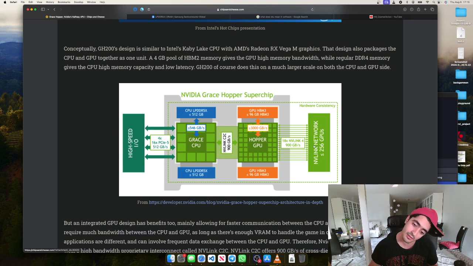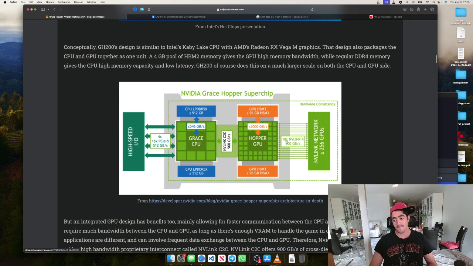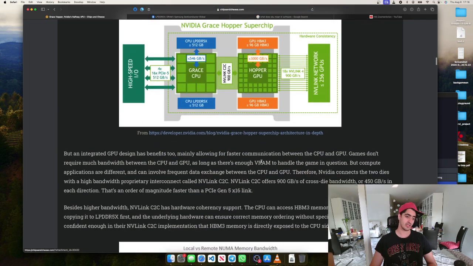And then you have an NVLink that can connect up to 256 GPUs, and the speed is 900 gigabytes per second. Wow. You can have 18 NVLinks to each one of these guys. That is crazy.